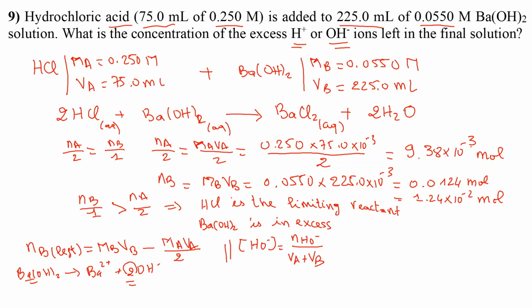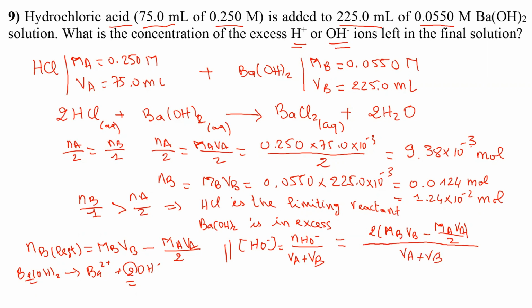Now we need to calculate the number of mole of OH minus. Okay, we know that here number of mole of barium hydroxide divided by 1 should be equal to the number of mole of OH minus divided by 2. So the number of mole of OH minus will be 2 times. Okay, this is where you get the 2 times. So here we will have 2 times MB VB minus MA VA over 2 and divided by the total volume, which is VA plus VB.